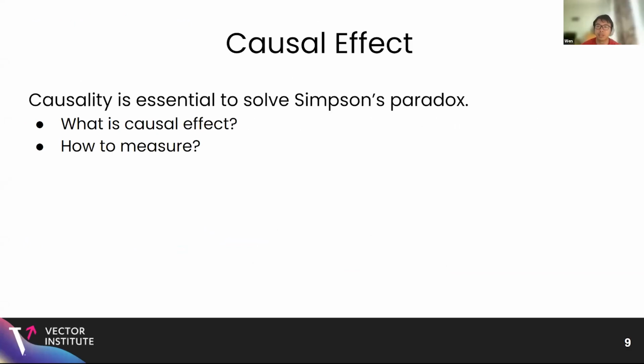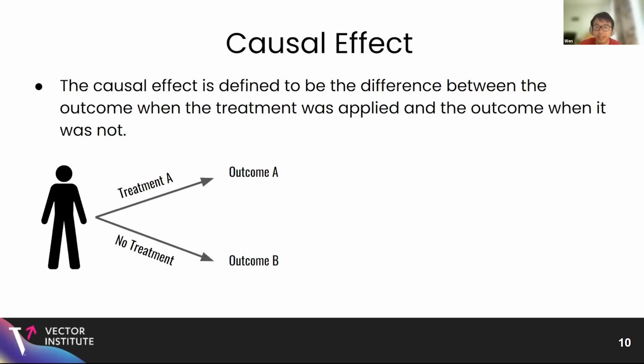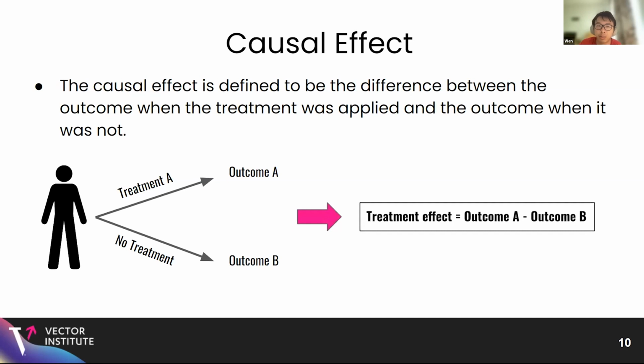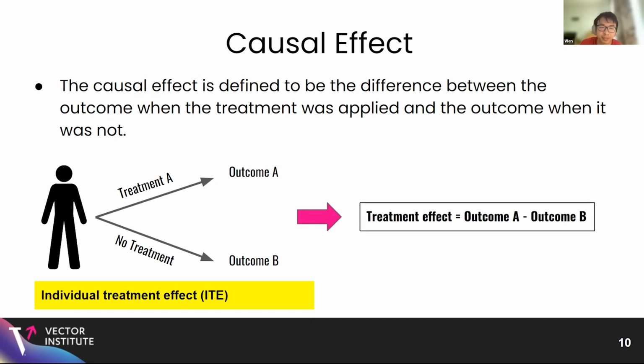Sure. So with the causal graph in mind, a natural question is: what is causal effect and how do we measure it? The causal effect is the difference between the outcome when the treatment was applied and the outcome when the treatment was not. If we look at the graph, we have a unit or a patient.